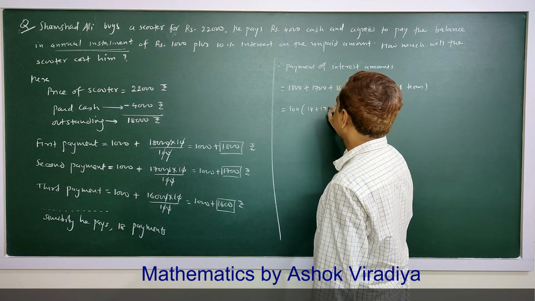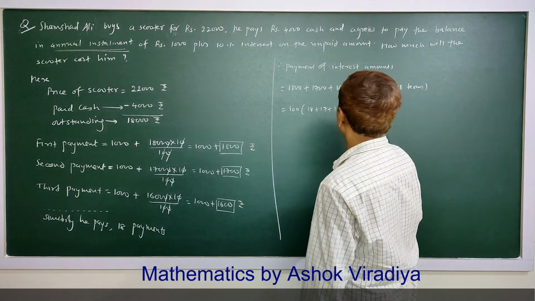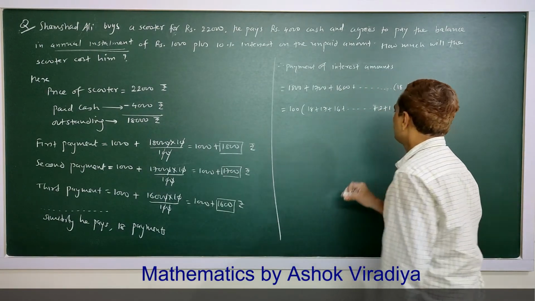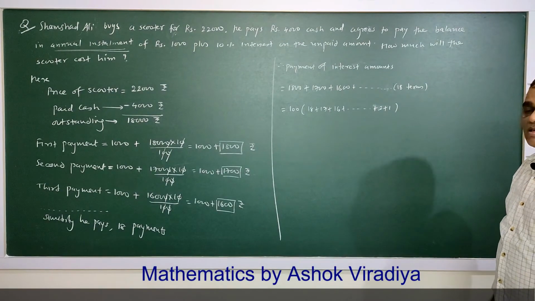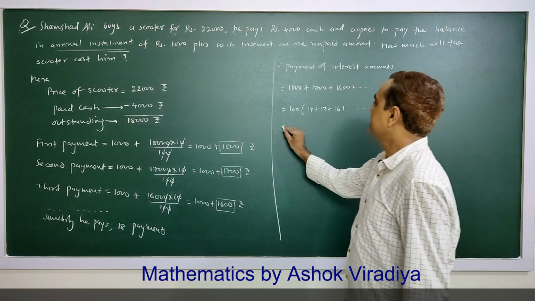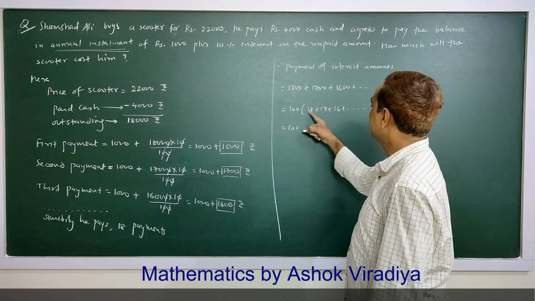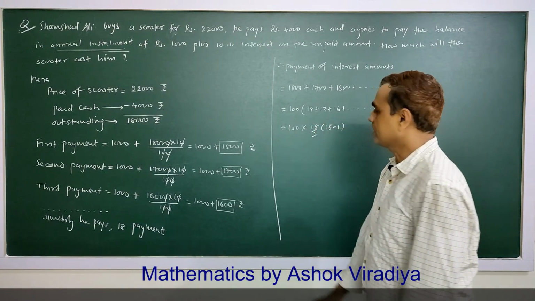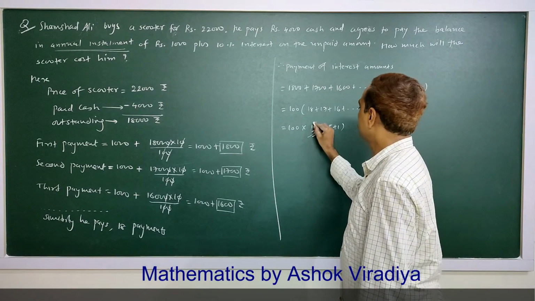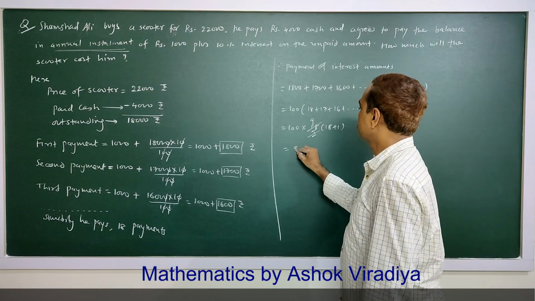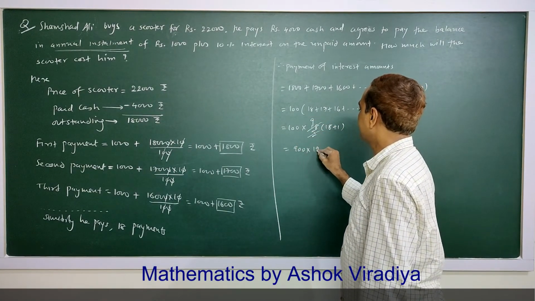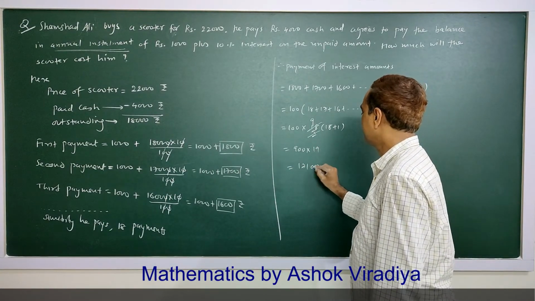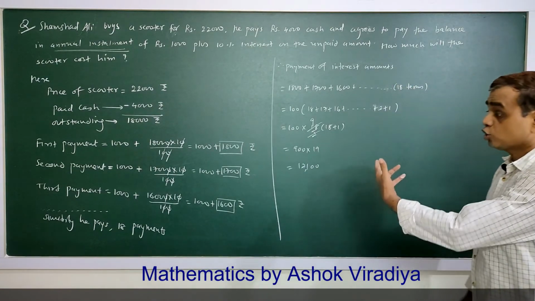So 18 plus 17 plus 16 up to 18 terms, so this will be 2 plus 1. That is the sum of the first 18 natural numbers. So 18 by 2 into 18 plus 1. So this is 2 into 9, 18. So 900 into 19. So 17,100 is the total interest.